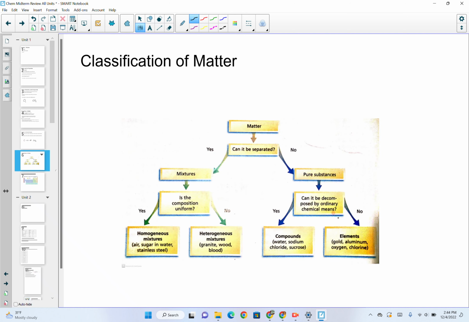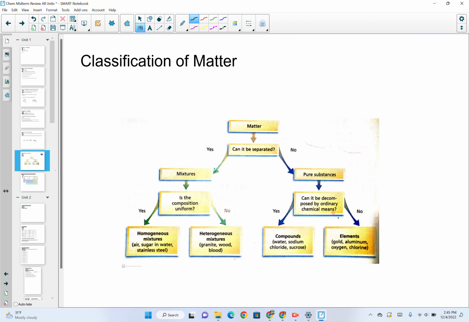So, the classification of matter. Your book does a good job of building a flowchart here, which distinguishes what the different types of matter are. If matter can be separated, it's classified as a mixture. And there are two types of mixtures: homogeneous and heterogeneous mixtures.